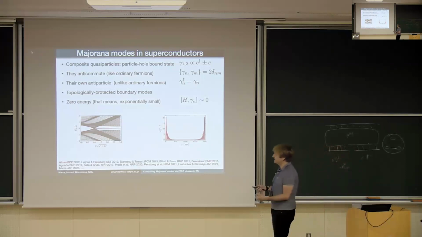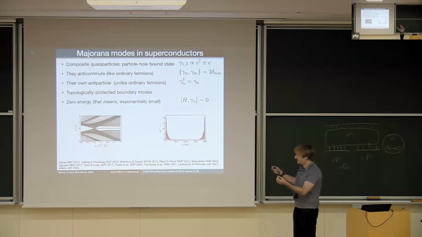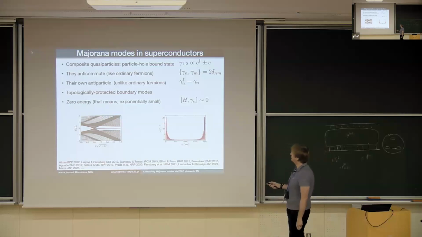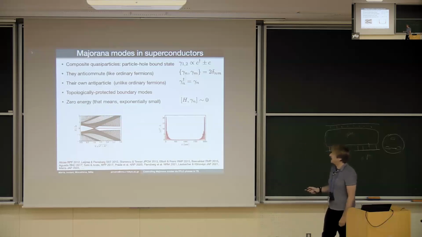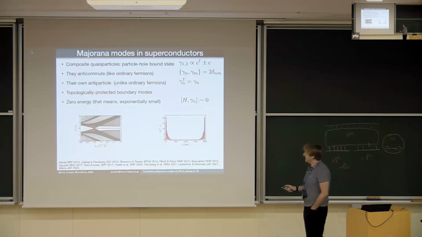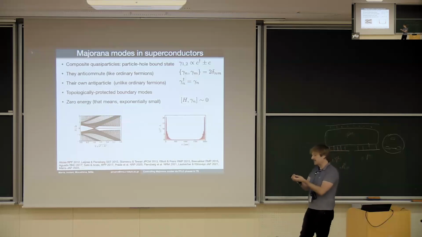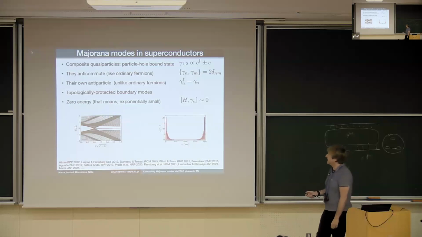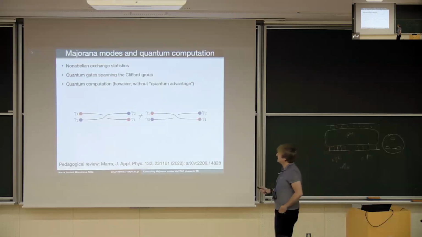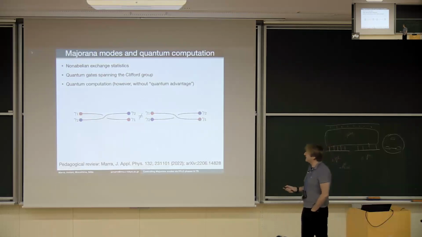Typically you can have them as bound states, edge modes of topologically protected phases, like symmetry protected phases, and they have zero energy, which basically means that their energy scales exponentially with the size of the system. What is interesting for quantum computation is that they have non-abelian exchange statistics.